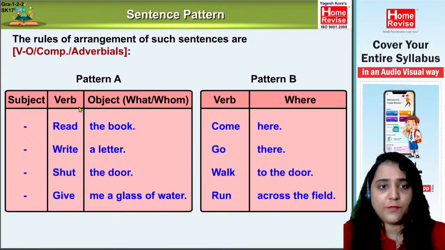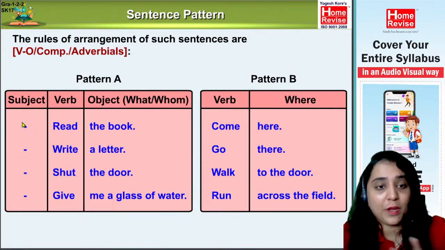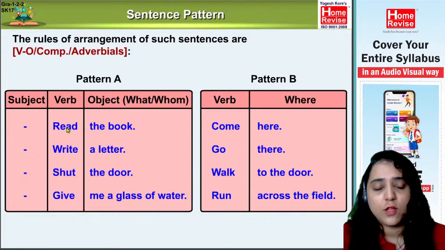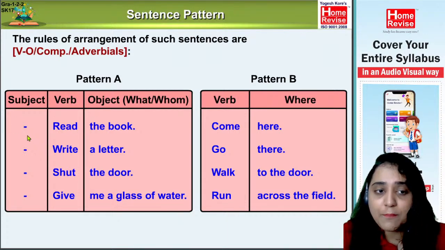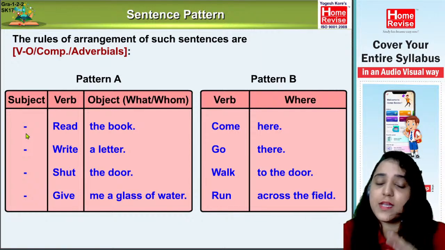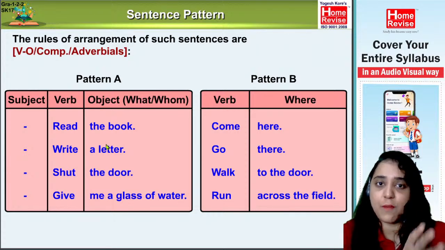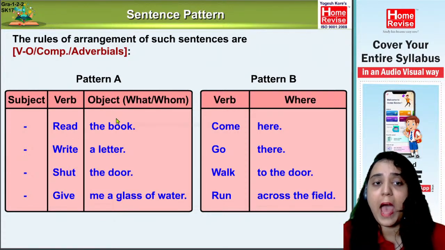Now see, for example, as we were saying कि जो subject है ना, वो subject we are omitting, we are not using the subject. अभी यहाँ पे सिर्फ command होना चाहिए, request होना चाहिए. तो देखिए, read the book, verb यहाँ पे include होता है, and object भी यहाँ पे include होता है. Just subject is not present, subject is omitted in such kind of statements. ठीक है, imperative statements में subject is omitted. So we have only the verbs written here and the object.